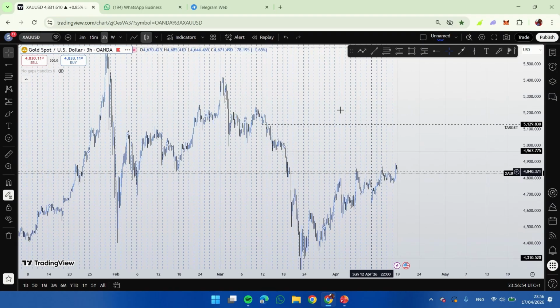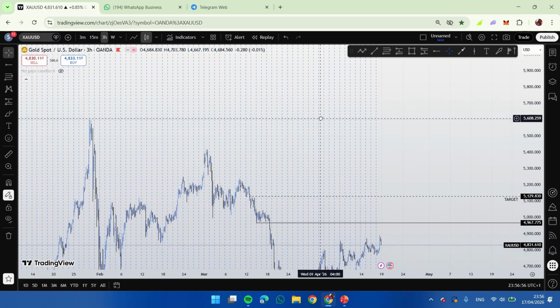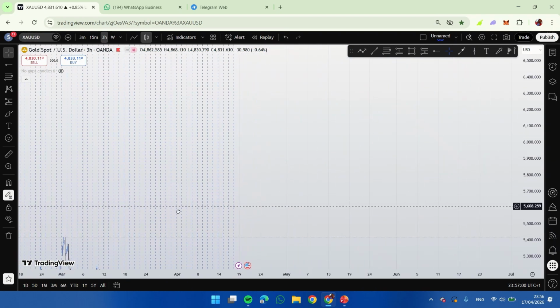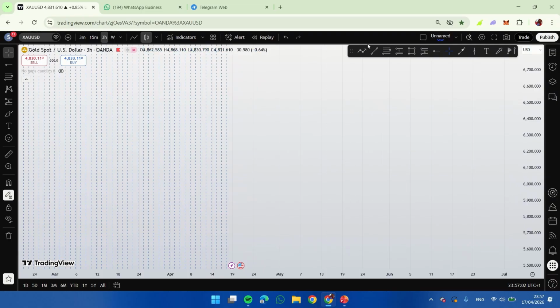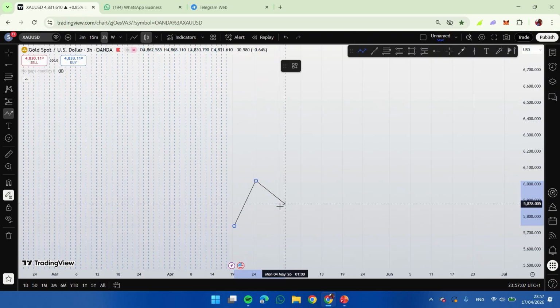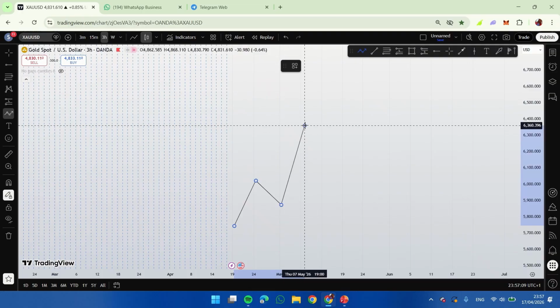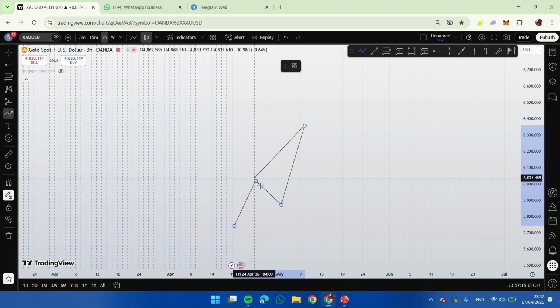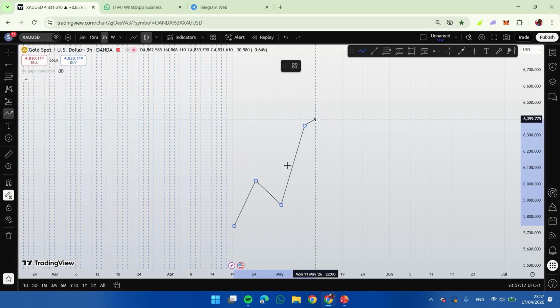So let me give a brief explanation of what you can do whenever you come to the chart. So we all know that price moves with structure, right? So this structure, how does it move? It moves in impulse, correction, impulse.